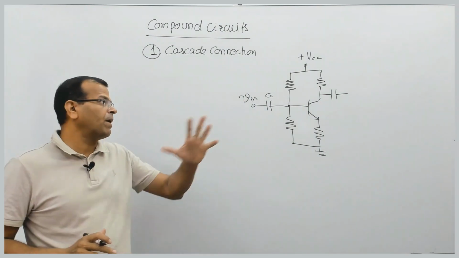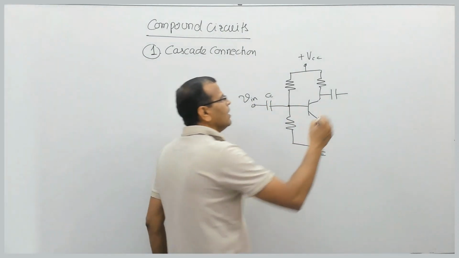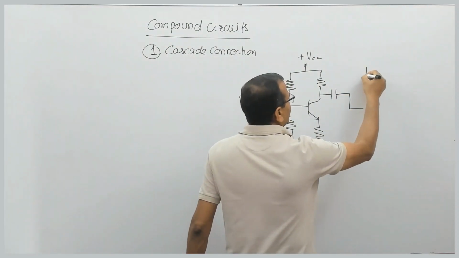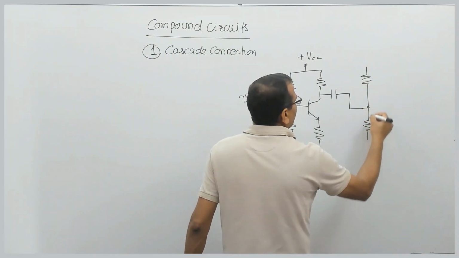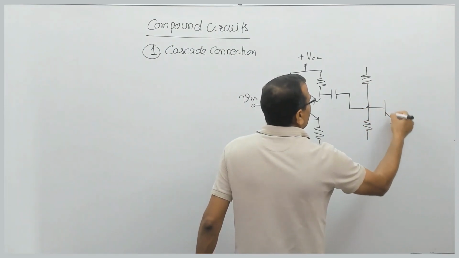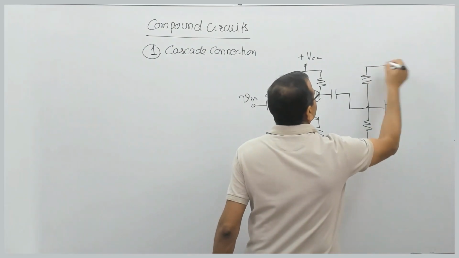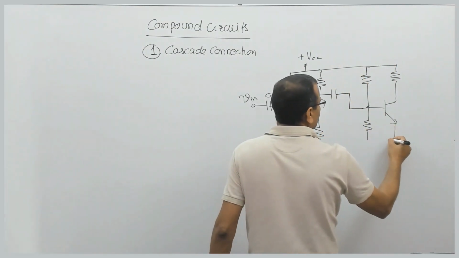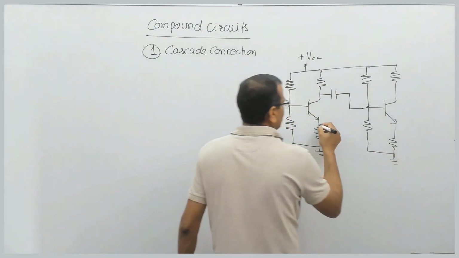If you remember multi-stage amplifiers, we have different couplings, so I will be taking RC coupling here. The output of the first stage is again fed to the next stage amplifier, which is again a common emitter configuration like this, and both have the same biasing source of VCC.